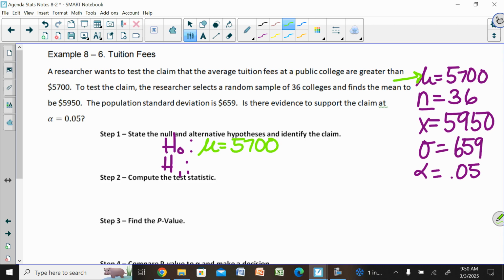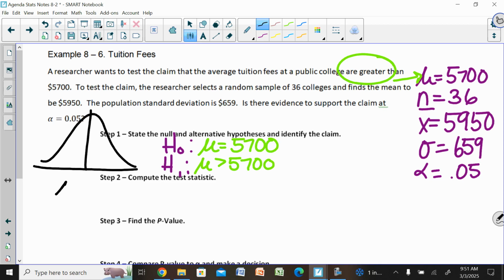And what does the researcher want to test? That the fees are greater than that 5,700. So that means we've got ourselves a right-tailed test. So if I am going to draw a picture and mu equals 5,700, the researcher believes that it's greater.